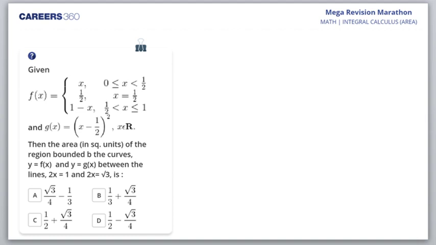And the area in square units of the region bounded by the curves y equal to f(x) and y equal to g(x) between the lines x equal to half and x equal to root 3 by 2.